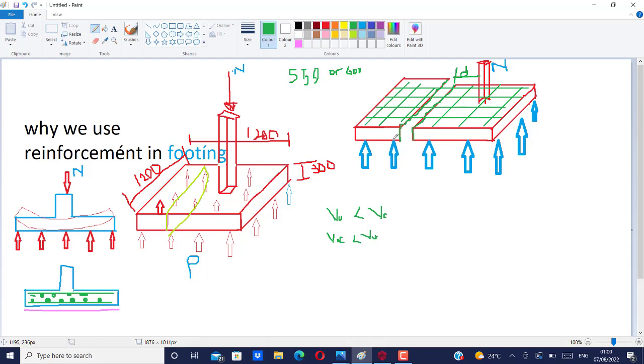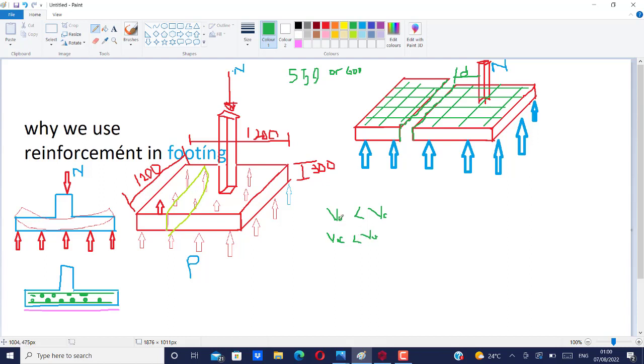So if you still want to maintain your footing, but your thickness is now exceeding 600 or probably 550, and you find out that your ultimate shear stress is still greater than the shear stress of concrete, because this shear stress of concrete has a value that has been derived by code for you to check.